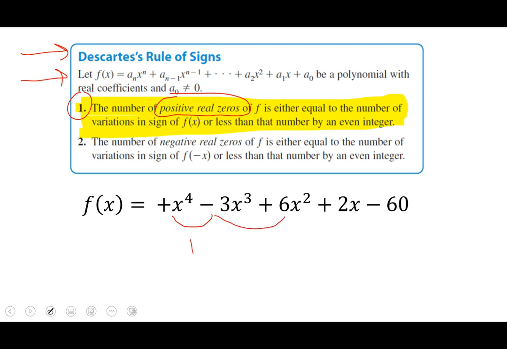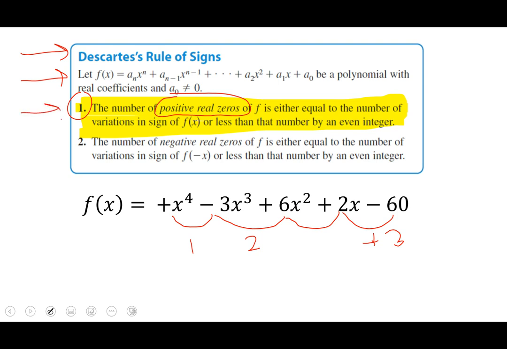Then as I go from the negative 3x cubed to the positive 6x squared, that counts as a second sign change. When I go from positive 6x squared to positive 2x, that is not a sign change. And finally, when I go from positive 2x to negative 60, that's a third sign change. So in total, there are 3 sign changes.